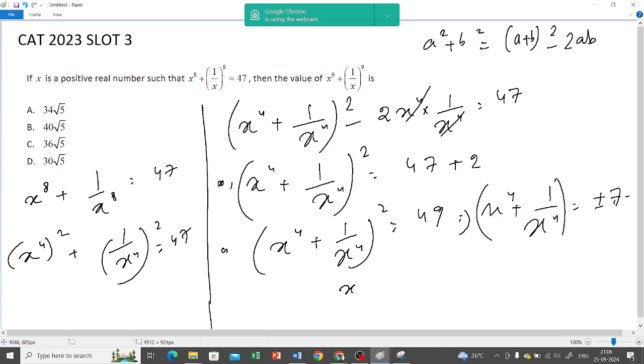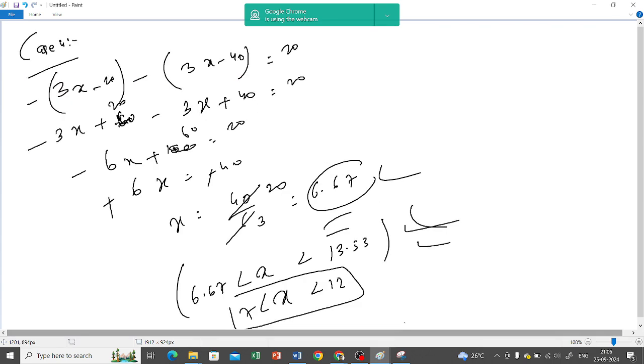Now x to the power 4 can be written as x square plus 1 by x square, that is equal to 7. Again the same thing that I did, but this time (x square) square plus (1 by x square) square.